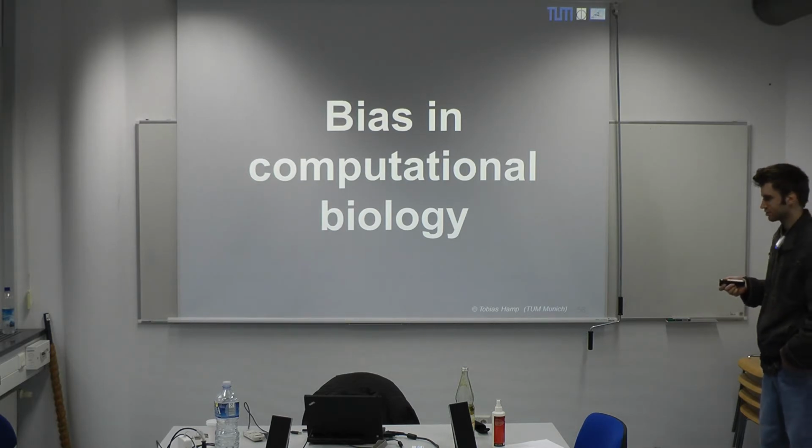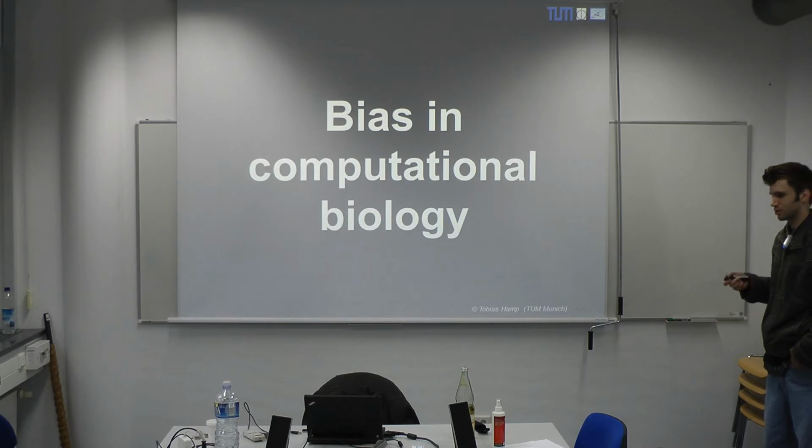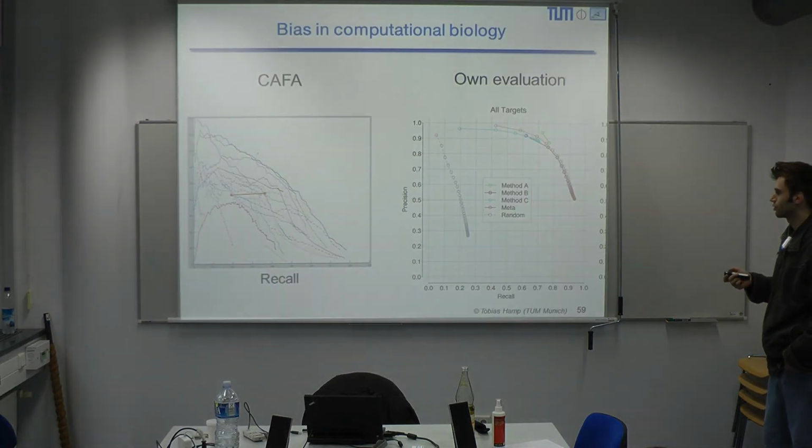The last topic for today is something I have not presented yet. Actually, I haven't seen it anywhere else, and it also somehow generalizes the whole CAFA concept. Again, a question to you.